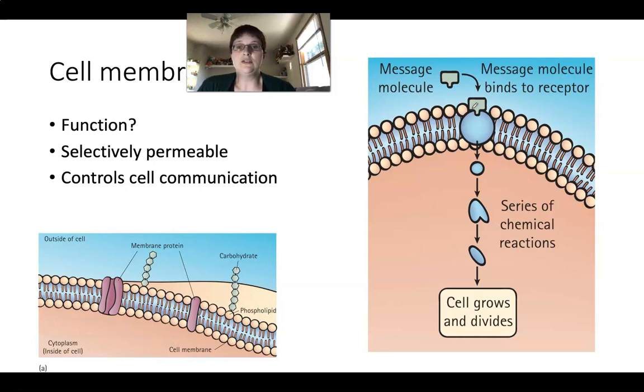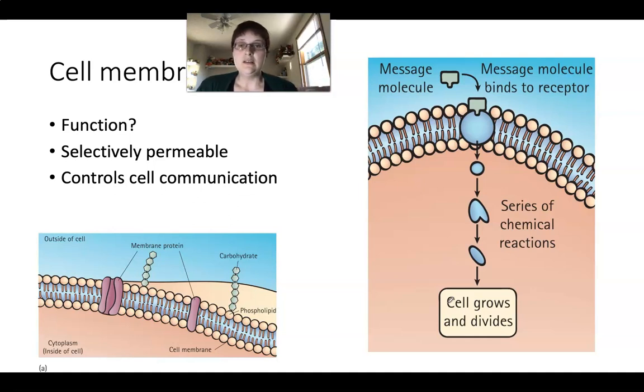So it gets a messenger coming in and telling it, hey, we need to do something. And so the messenger binds to it and says, yep, we got to do something. And so that guy sets off a bunch of chemical reactions inside of the cell to start whatever it was supposed to do. In this case, it's going to start the cell growing and dividing, right?